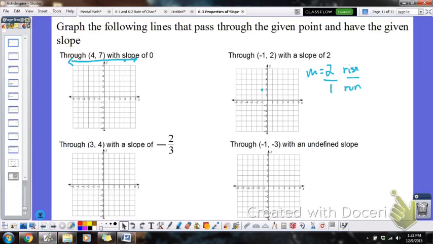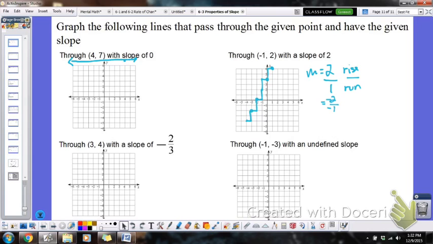So I'm going to go to my point, and I can rise 2 and run 1. Rise 2, run 1. Or, since I can write 2 over 1 as -2 over -1, I can go down 2 and to the left 1 and get a point.